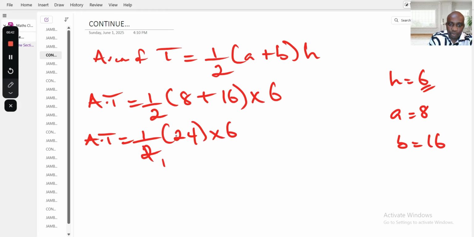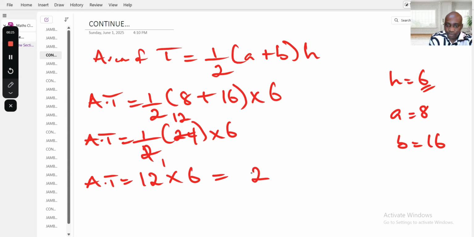Half of 24 is 12. Therefore, the area of the trapezium is 12 times 6. 6 times 2 gives us 12, remainder 1. 6 times 1 is 6, plus 1 is 7. Our final answer is 72 centimeters squared.